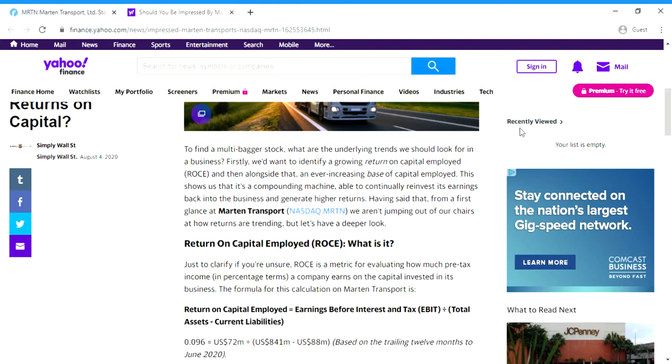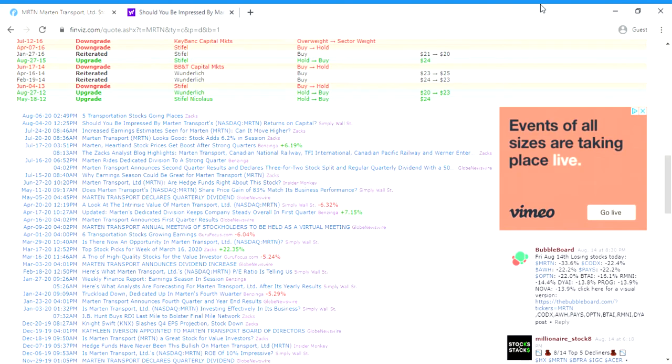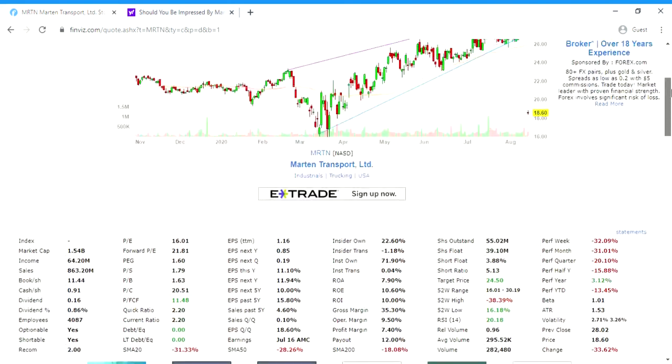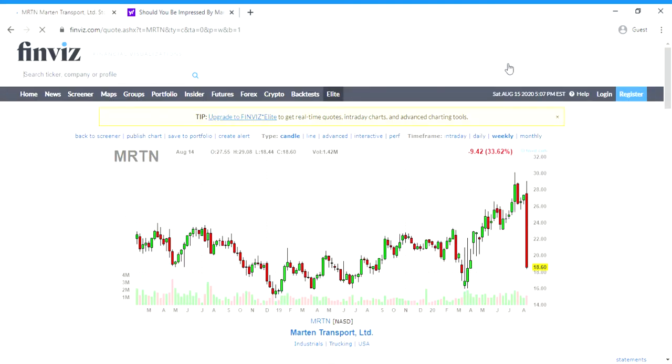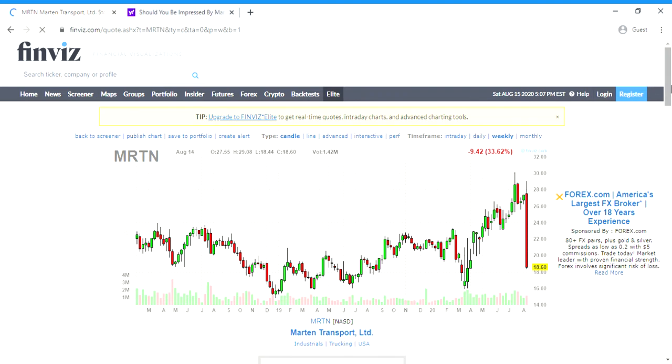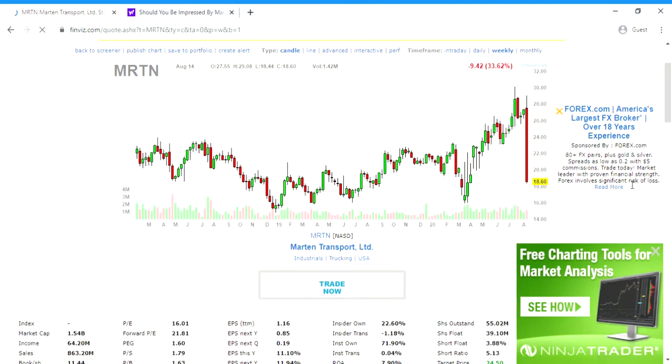So it's definitely something that I would definitely look into, because it is what we would consider a value stock right now, and it's trending in the right direction. So when we look at the weekly, it definitely had a terrible beginning of August.